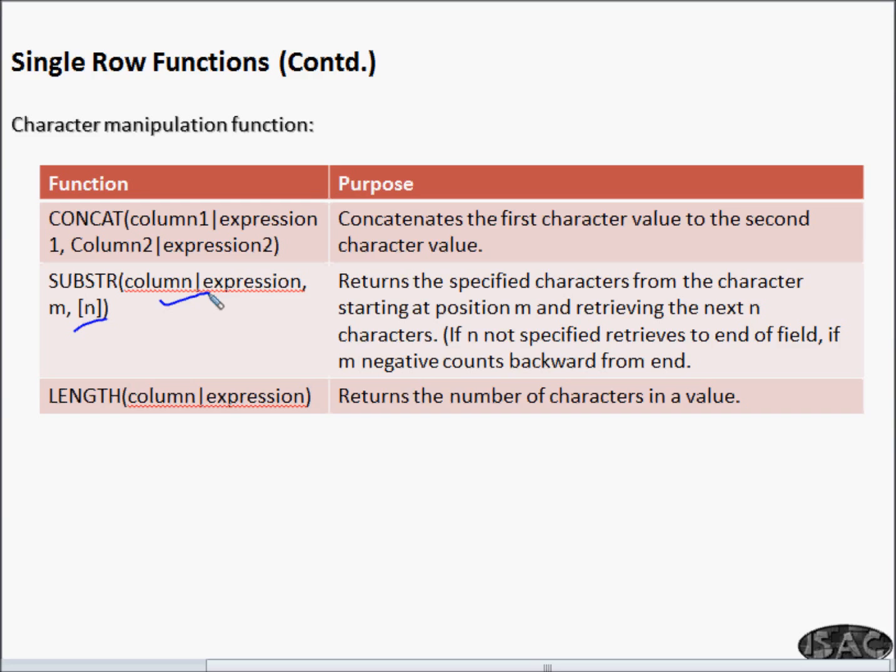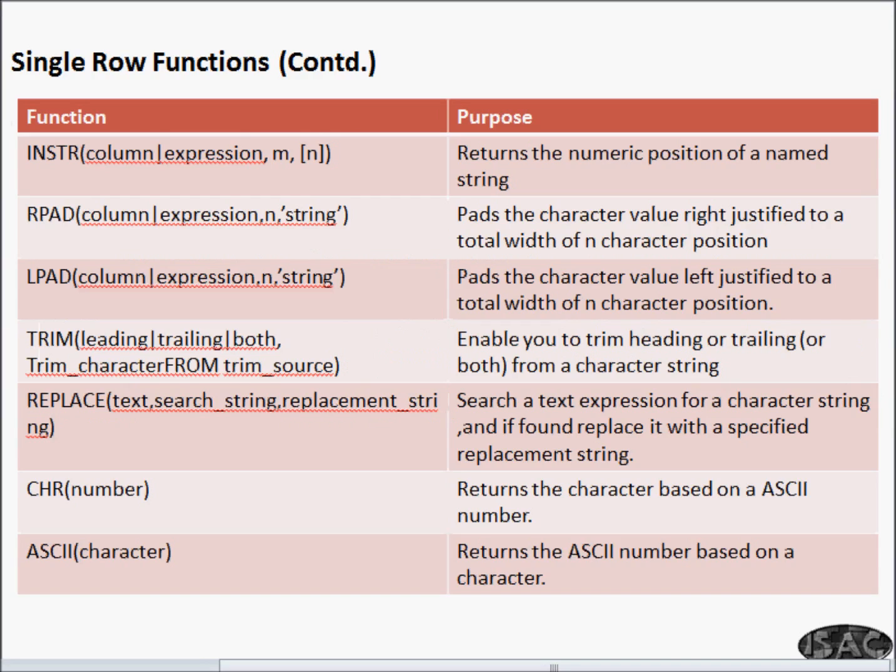LENGTH, you can find how many characters are in the string, right? So these are very normal functions. INSTR returns the numeric position of a named string. Okay, so where are those characters available in that particular string, that we can say with INSTR. RPAD is right padding, and LPAD is left padding.